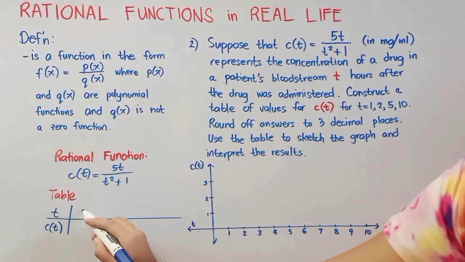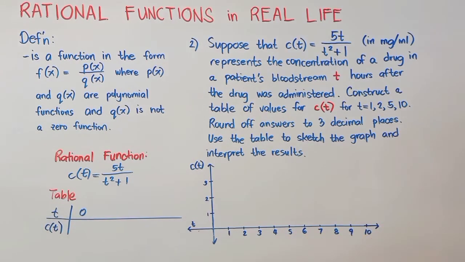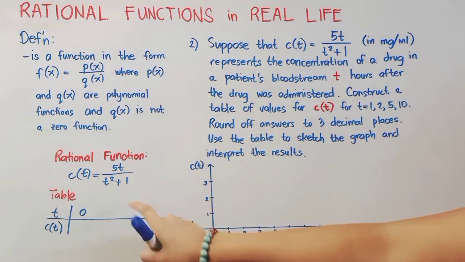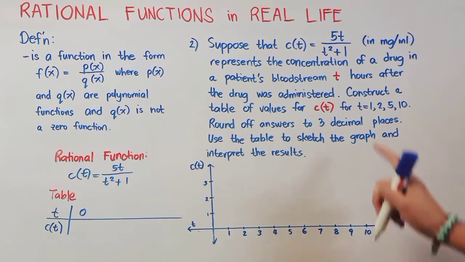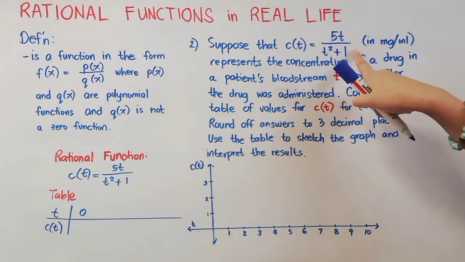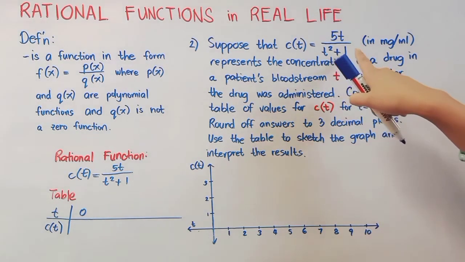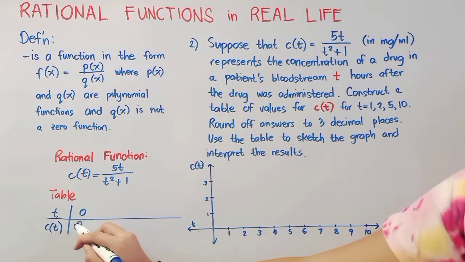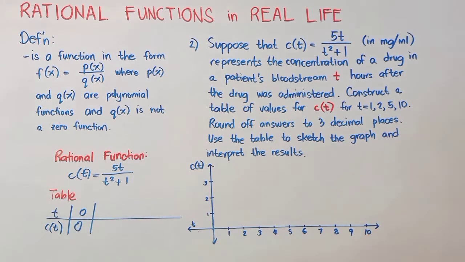However, we can start with t equals 0, since if we substitute 0 to t, it won't give us a denominator of 0. In fact, our denominator would be 0 squared plus 1, so we'll still have 1. Therefore, our c of t here is 5 times 0 all over 0 squared plus 1, which is still equal to 0.